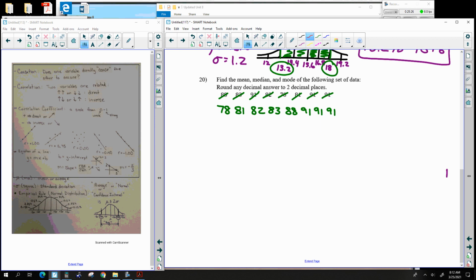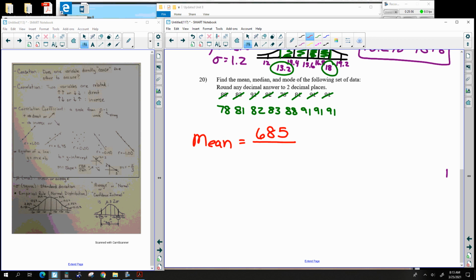Mean is where you add them all up and divide by the number of numbers. So I'll use my calculator that I have here off screen. I literally add up 78 plus 81 plus 82 plus 83 plus 88 plus 91 plus 91 plus 91. Add them all up, and that comes out to be 685.